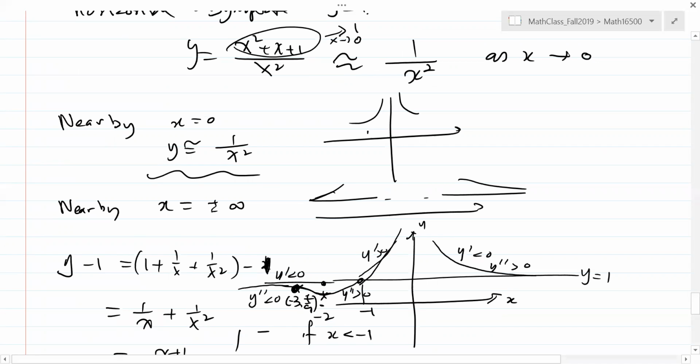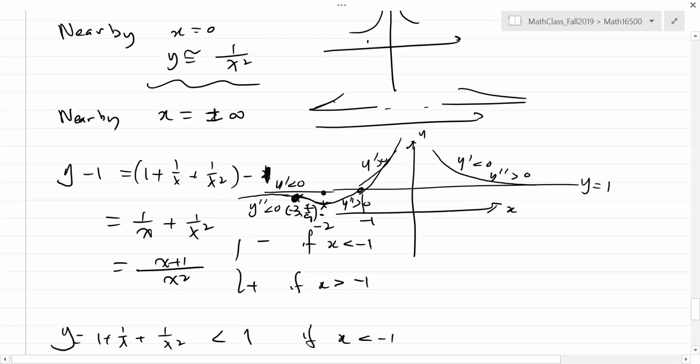Then you look at infinity. You know that the graph will approach the horizontal line y equals 1. So this is y equals 1, because y approaches 1.